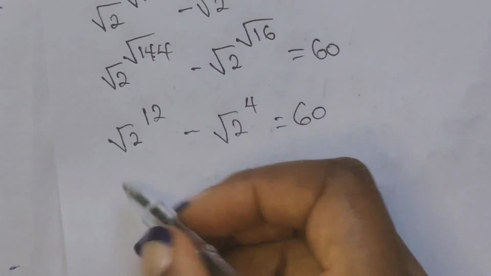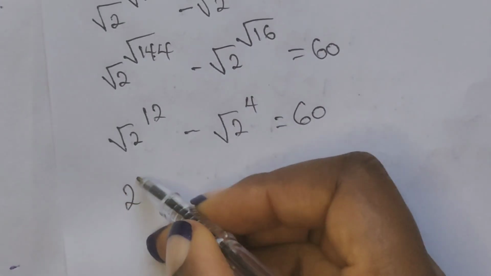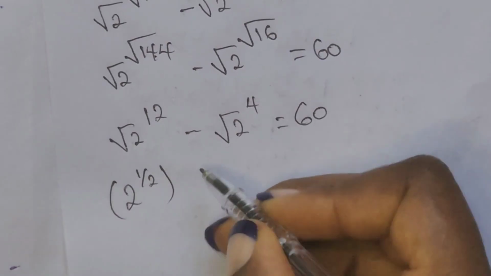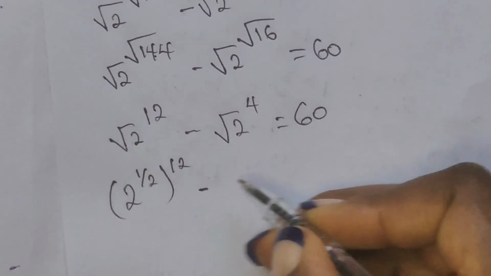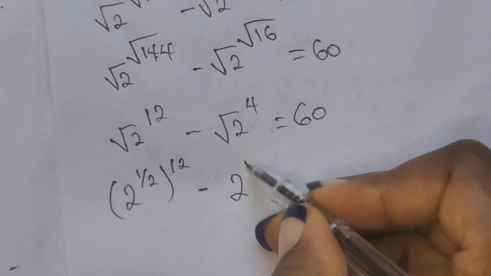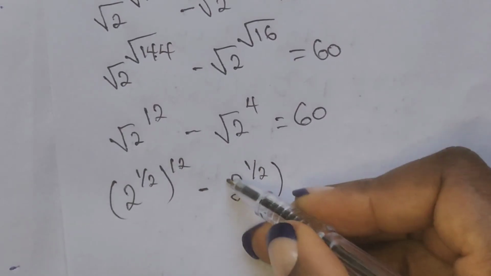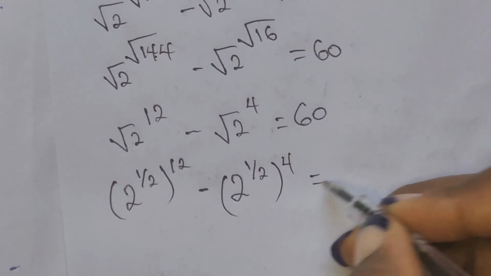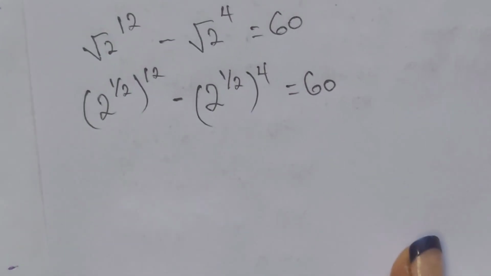So writing this root 2, we can have 2 to the power of 1 over 2, further raised to the power of 12, minus 2 to the power of 1 over 2, further raised to the power of 4, all equal to 60.